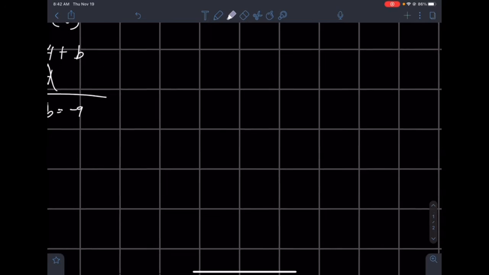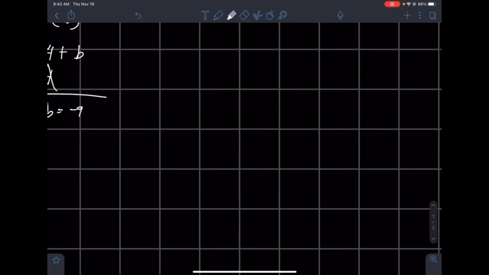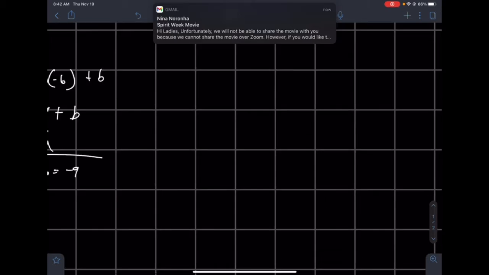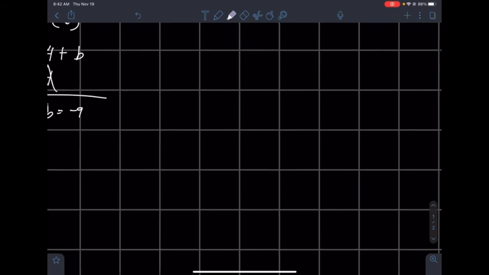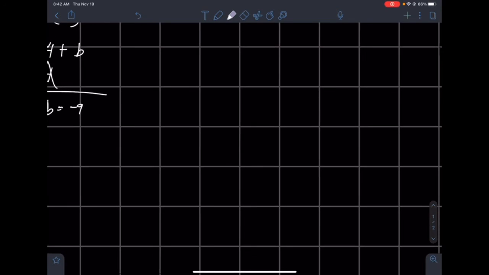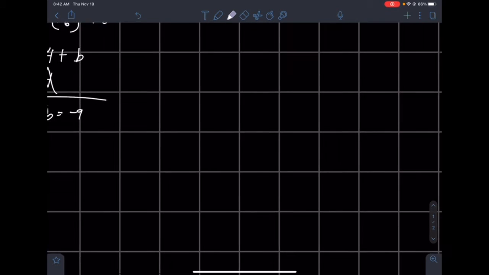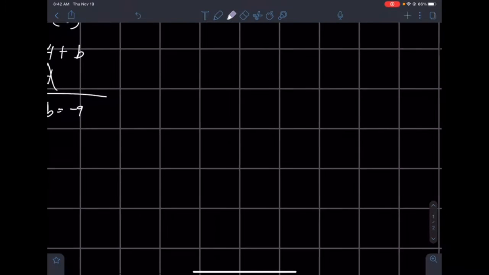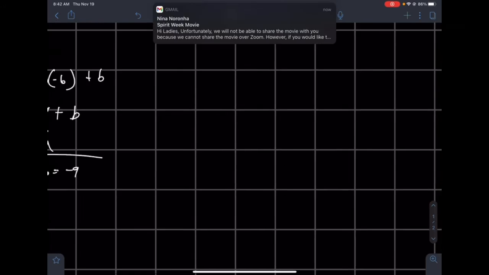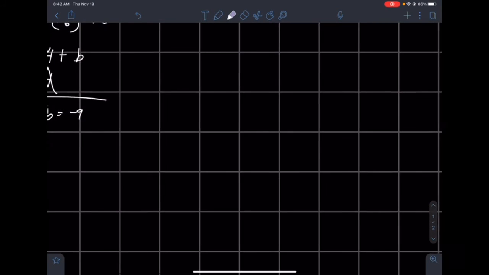So y minus 1 equals negative 2/3 times x minus 3. So equals negative 2/3 x minus 2. Y minus 1. So we have to add 2/3 x on both sides. So then we have y minus 1 equals negative 2.